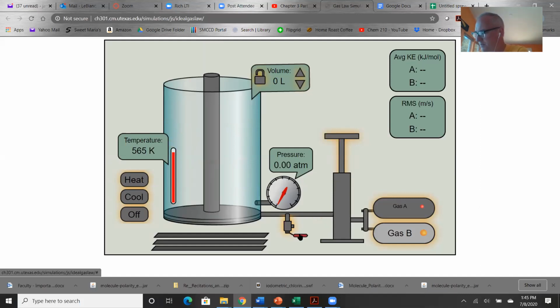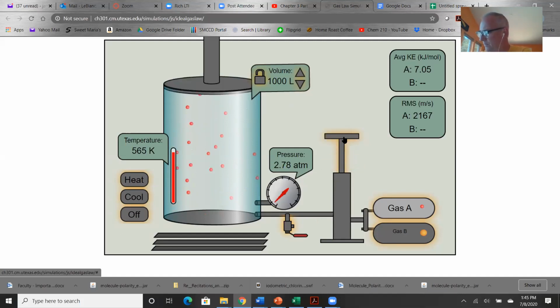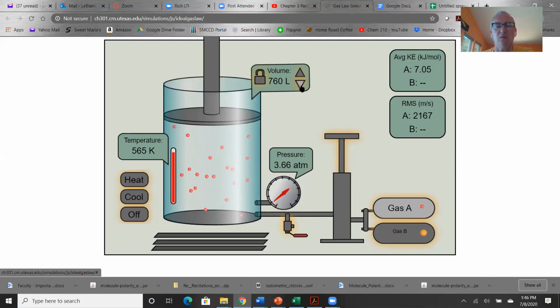And then it says to put 2 pumps of gas A in there. So there's gas A, I'm going to put gas A in there. 1, 2. Oh, damn it, I keep doing that. 1, 2. And then reduce the volume to around 500 liters. Oh, got it right on it. And lock that one in.